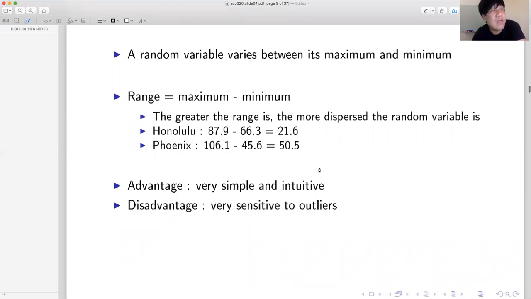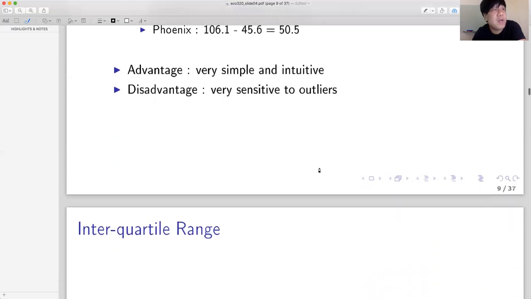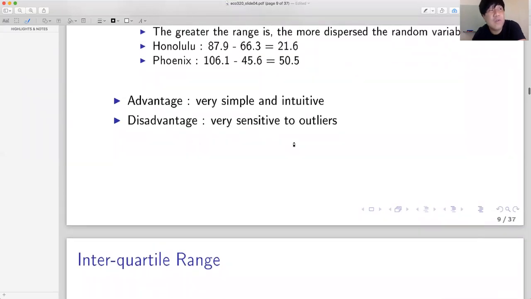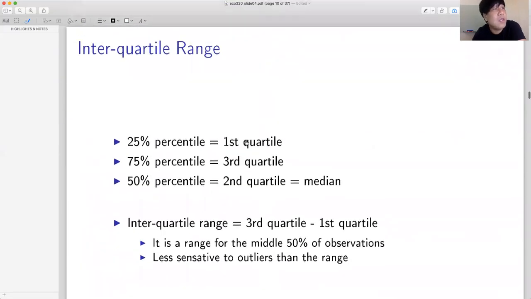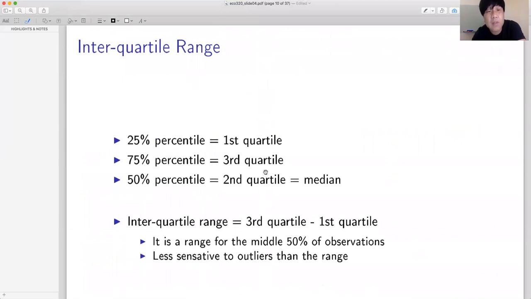Similarly, that could happen for Honolulu as well. So it's very sensitive to outliers. That is a disadvantage.